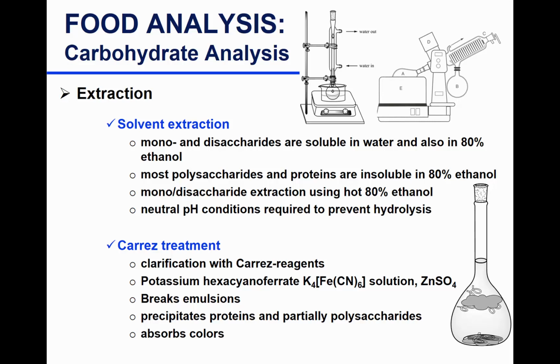That cartridge is basically a small chromatography cartridge that has an ion exchange that will pick up all of these ions that you don't care for in your sample. So you clean it even more. And then you have a purified sample ready for analysis, whether by colorimetric assays, or by chromatography, or by enzymatic assay.